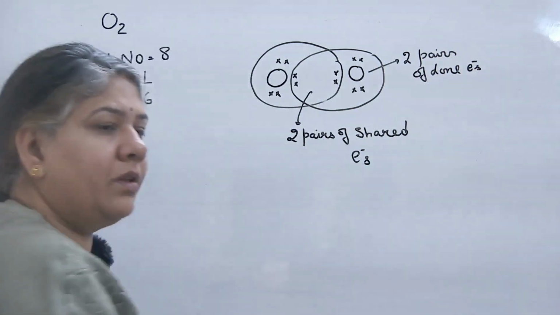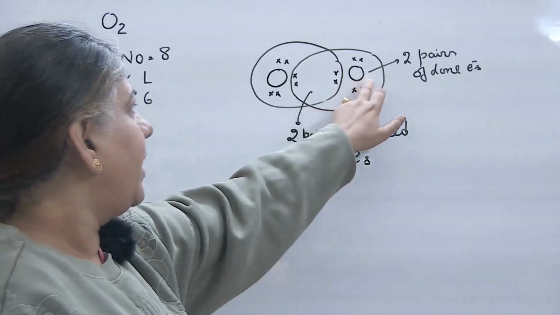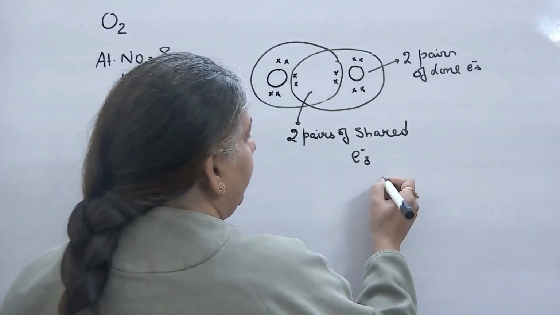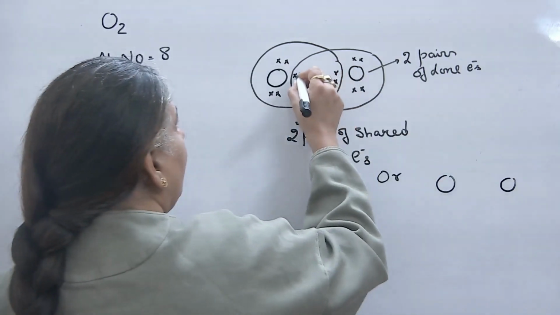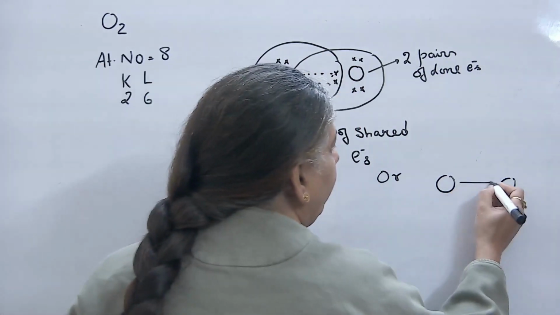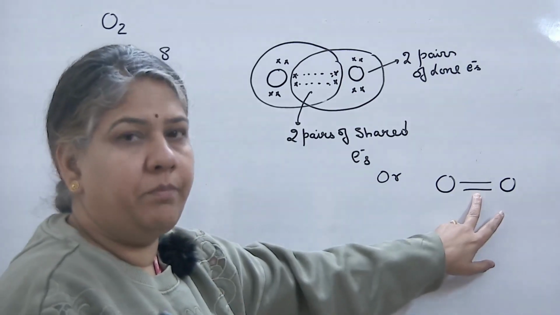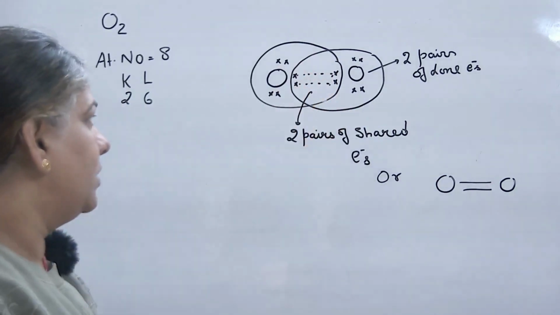Lone electrons are those that are not participating in bonding. So each atom has 2 pairs of lone electrons, and this can be represented as oxygen with a double bond. One line indicates a pair of electrons, so 2 lines indicate 2 pairs of electrons.